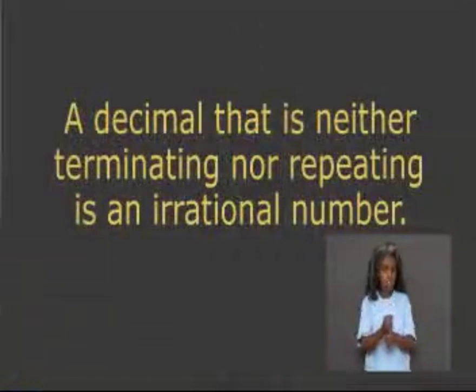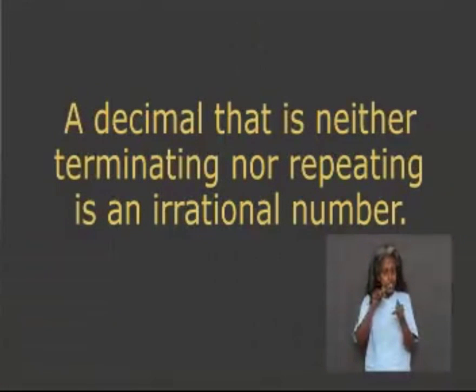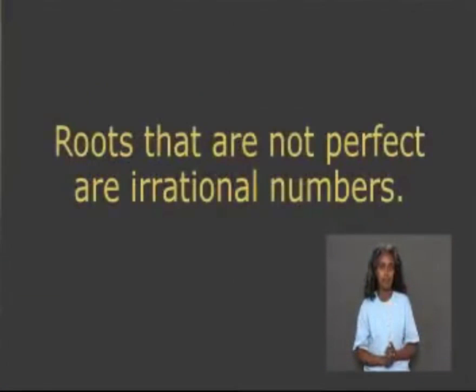A decimal that is neither a terminating nor a repeating decimal is an irrational number. Roots that are not perfect are irrational numbers.